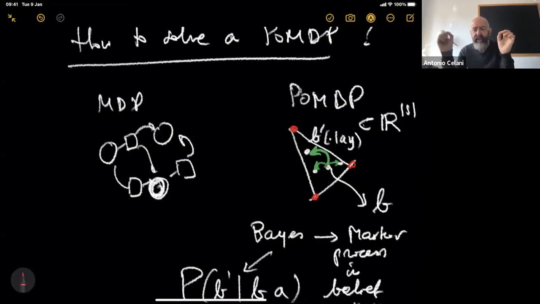You know that you are in state S. And in that case, this collapses back to an MDP. So this is the geometrical intuition that tells you that this is a proper extension. Now, if you replace algebraically the observation probabilities with the delta functions that say you are in that state, you just recover the mathematics of the MDP.